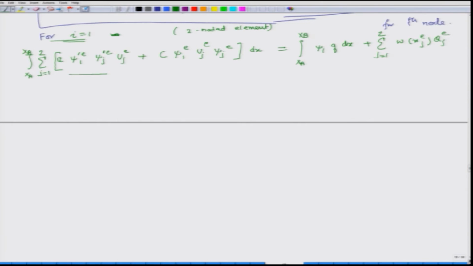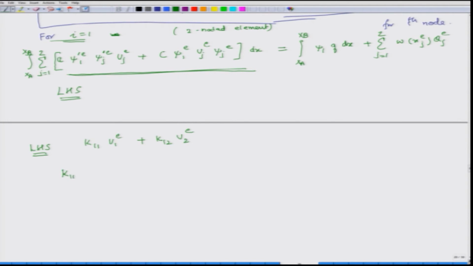Let us look at the left hand side, the LHS, again carefully. I can re-express this LHS as K11 times U1e plus K12 times U2e. This is only for the first equation, so I is equal to 1.